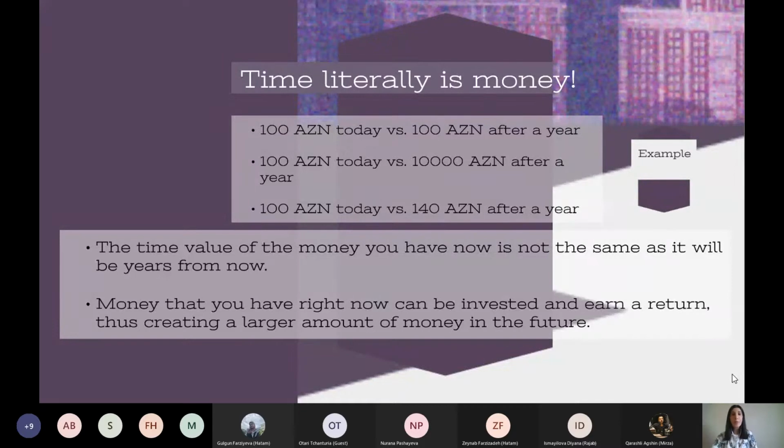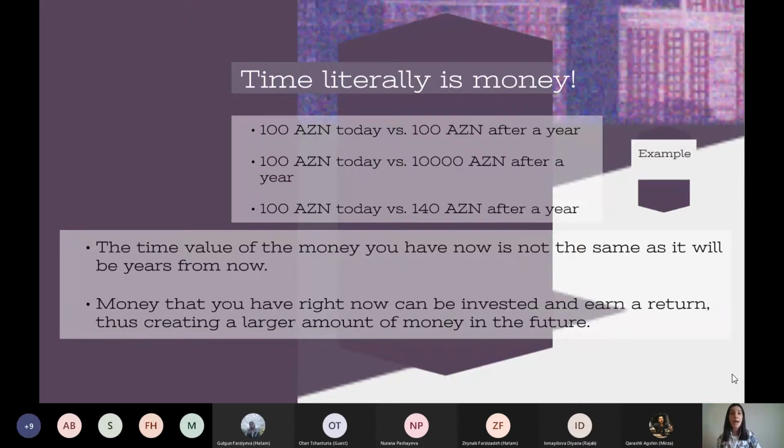This makes sense because that person can give you 100 manats today and you can make an investment and earn some return from this investment. And when you earn something from this investment, then you can see, yeah, taking 100 manats now is much better than taking 100 manats after a year. So 100 manats today is not the same as 100 manats after a year.